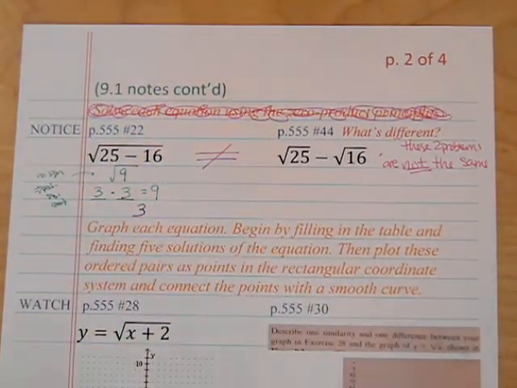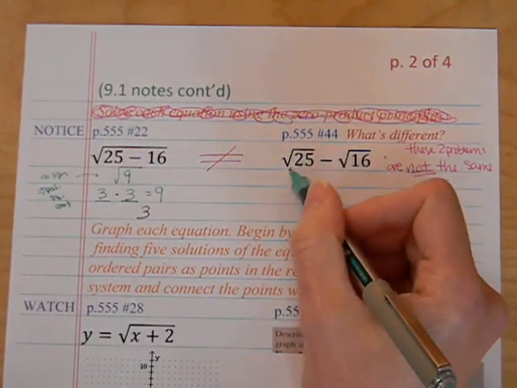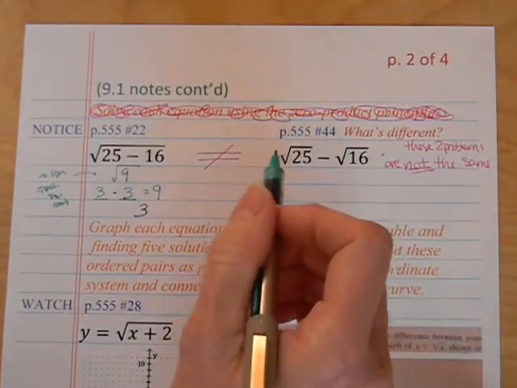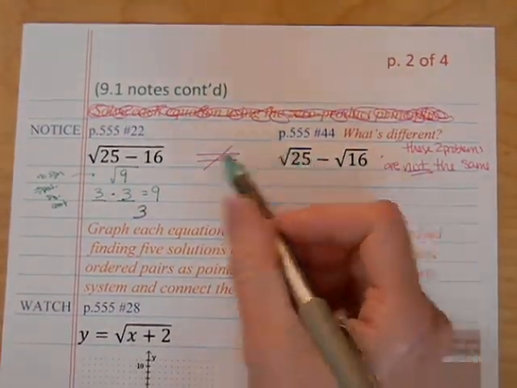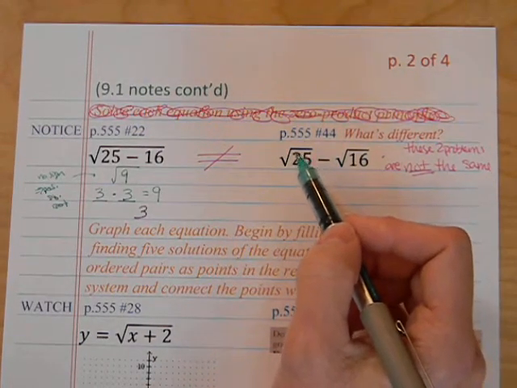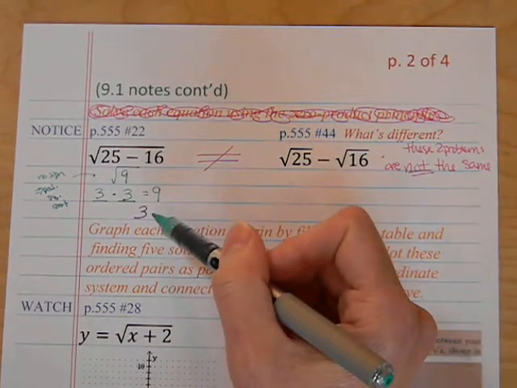Now it seems like you could split these apart, but remember, roots are an undoing of exponents, and exponents are in the multiplication family. So adding and subtracting do not mix with multiplying and dividing. They can't follow the same rules. So you can't split this out and still expect to get the same number.